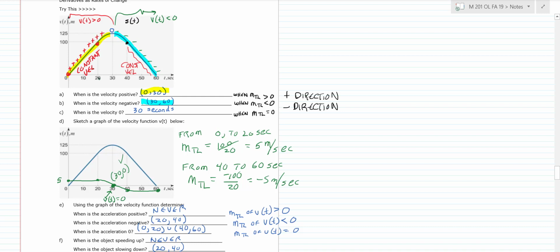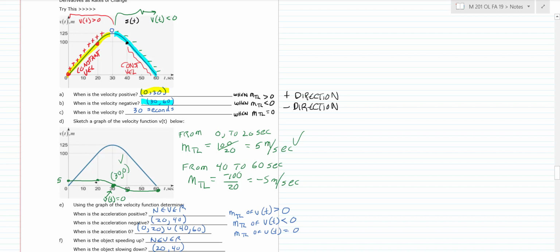So from 0 to 20, it's constant, and the rise is 100. The run is 20. So it's up 100 over 20. So you get a specific velocity of 5 meters per second. That's why I did a horizontal line. That's not really drawn to scale, but 5, that would just be constant velocity right there.